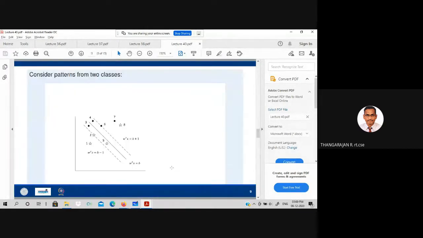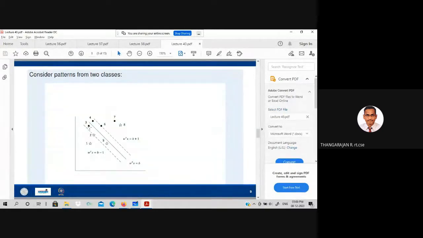Now look at this figure. Once you have done a soft margin classifier, you can see what these different data points say. Point number 8 is a misclassification. Similarly, point number 3 is also a misclassification.